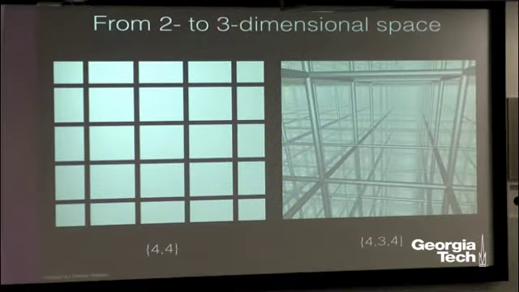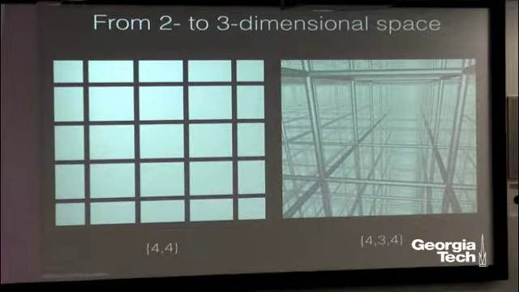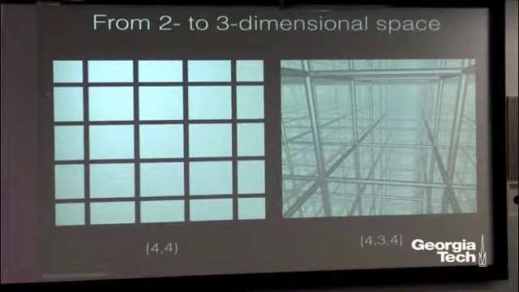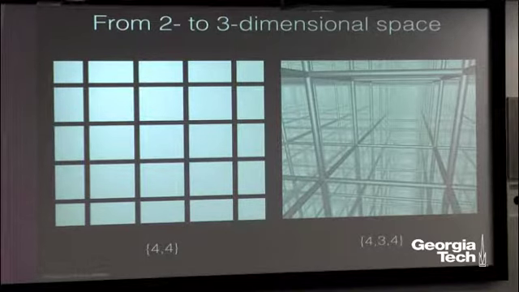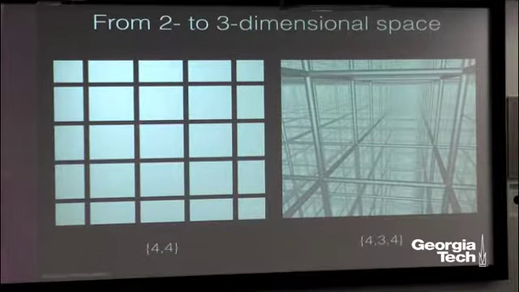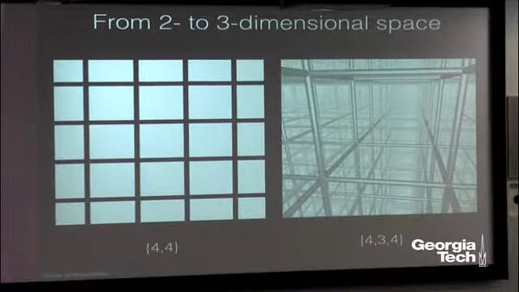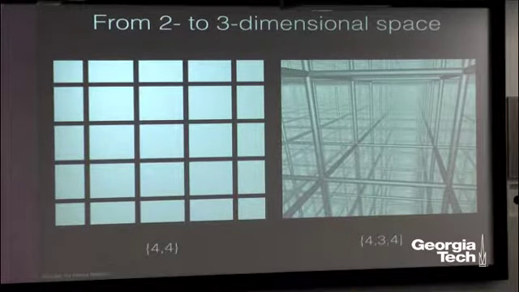Okay, so what we'd like to do is we'd like to go from this idea of two-dimensional space to three-dimensional space. So in this space here, I have a set of squares, and I have 4 squares that meet around every corner. So this is a standard like floor tiles.